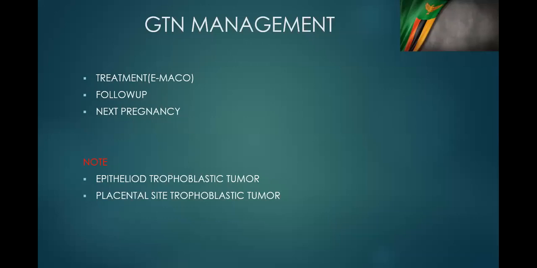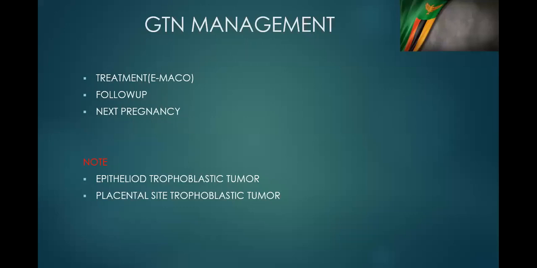But we have to follow up these women for 1 year after the end of the treatment. So once the beta HCG has normalized, we need to follow up these women for a total year after the completion of the treatment. That is important to remember.